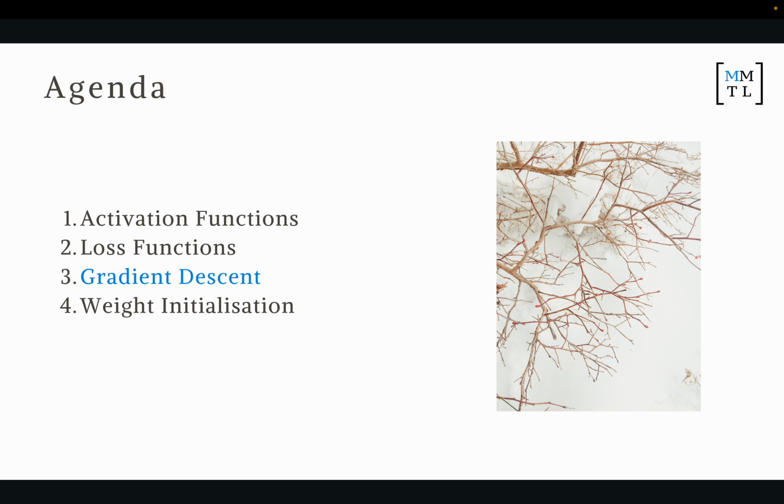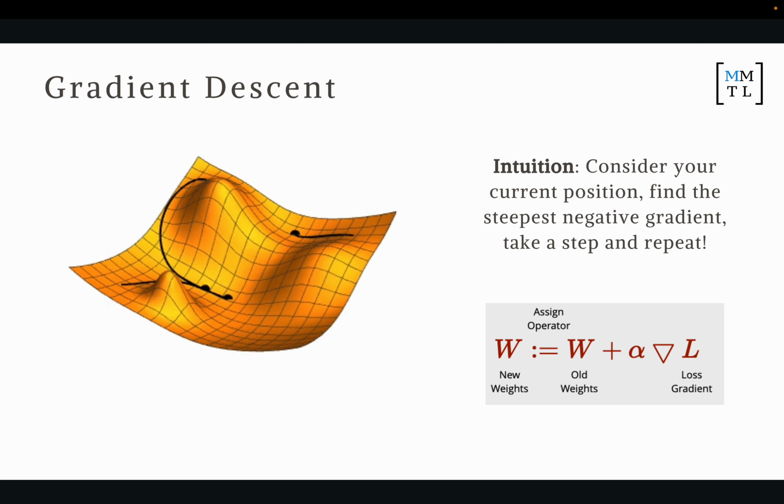Now let's talk a little bit more about gradient descent. Just to recap on what gradient descent is, it's this algorithm where we consider our current position, we find the direction of the steepest negative gradient, and then we take a step, right? And there's always math behind it. You can always dig into the math if you're interested, but what's important to take away is the intuition, right?